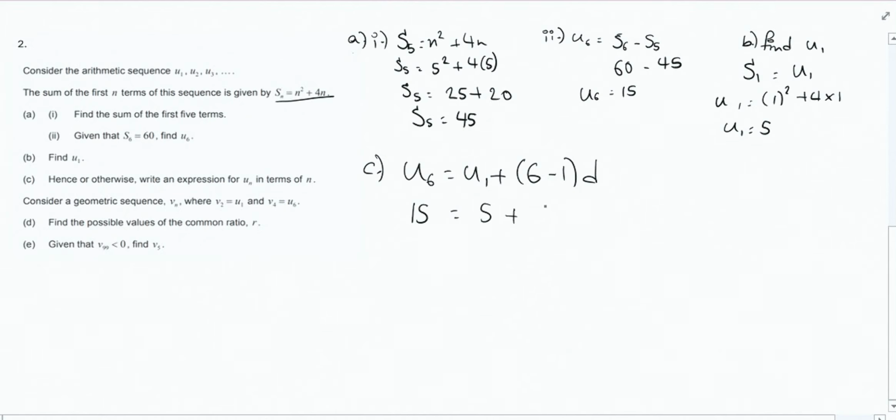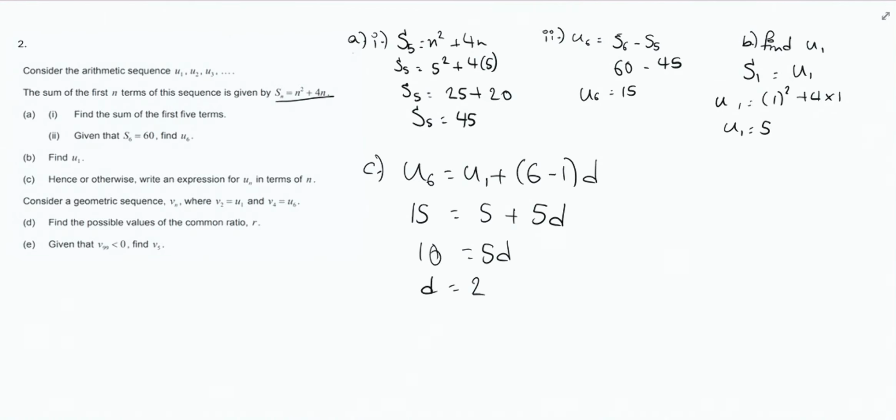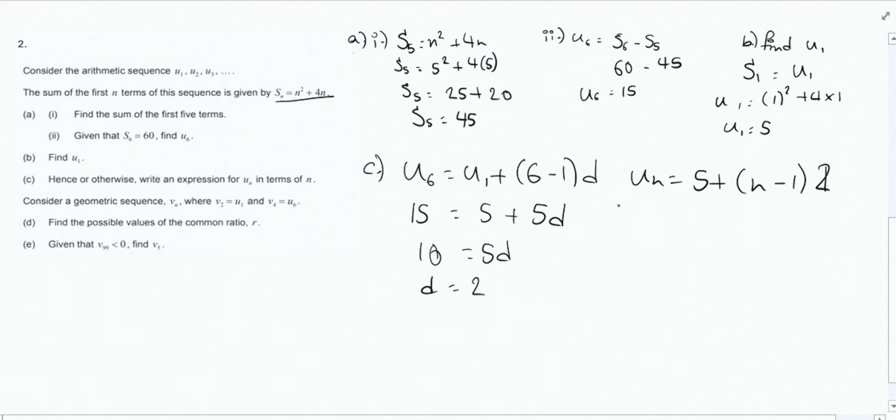So 15 equals 5 plus 5d, the 5 comes to the left side, so it will be 10 equals 5d, and d equals 2. So our difference is 2. Expressing un in terms of n, un is 5 plus (n minus 1) into 2. So un equals 2n plus 3.